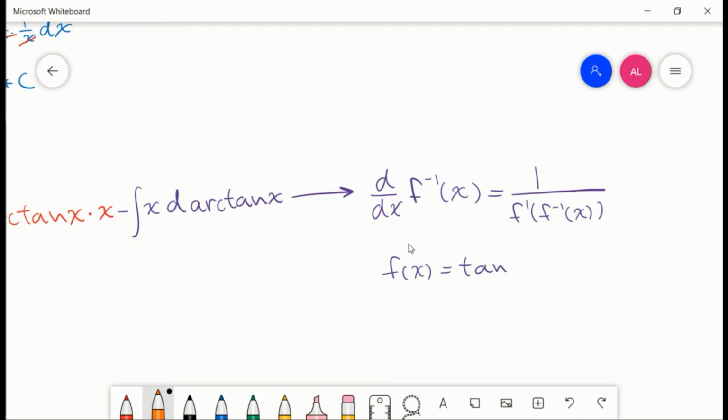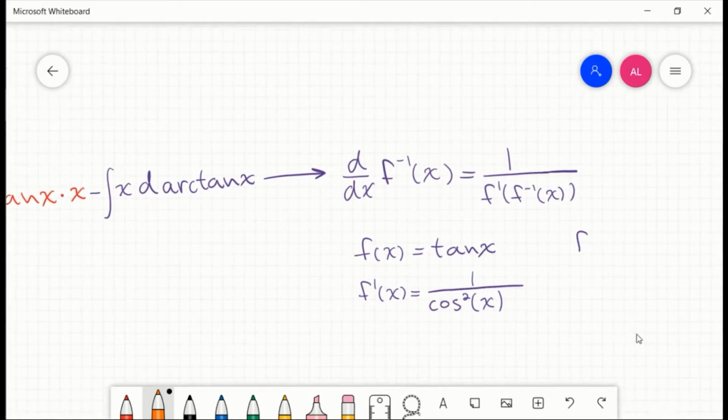Now, if f of x equals tangent of x, right, we know that the inverse of f of x is the arctangent. So the derivative of the arctangent, that's what we want here. So then f prime of x is 1 over cos squared x by the quotient rule.